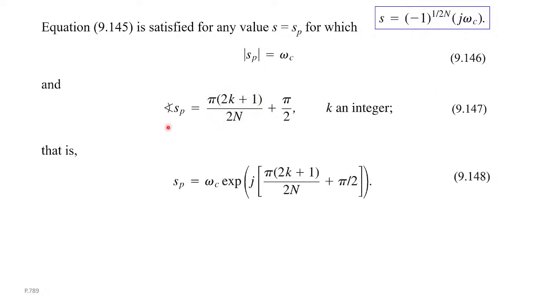Okay. If you put things together, the absolute value is omega c, and your angle is exponential j times pi over 2 plus pi times 2k plus 1 over 2n.